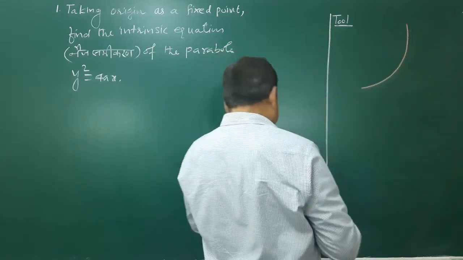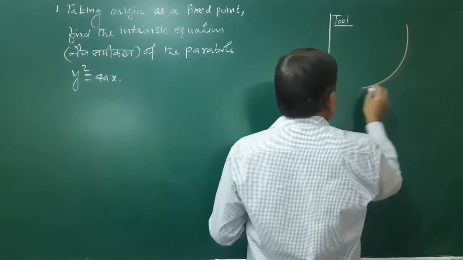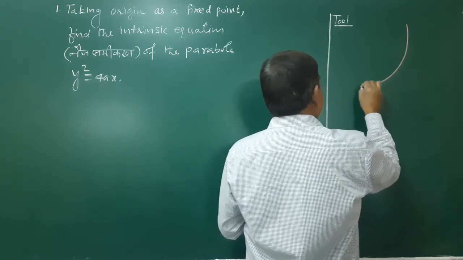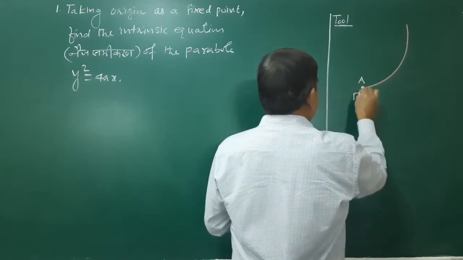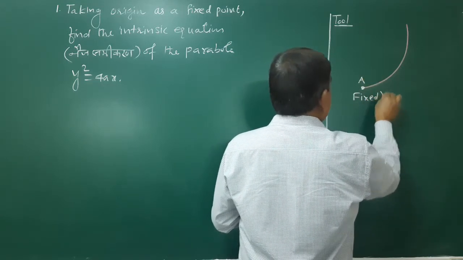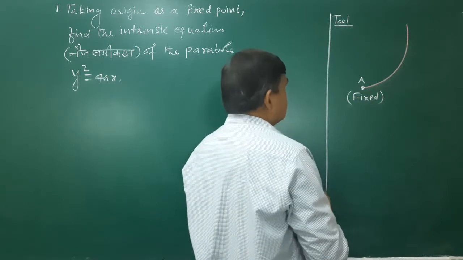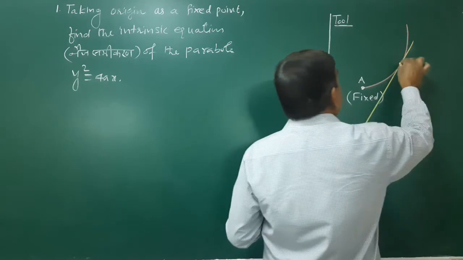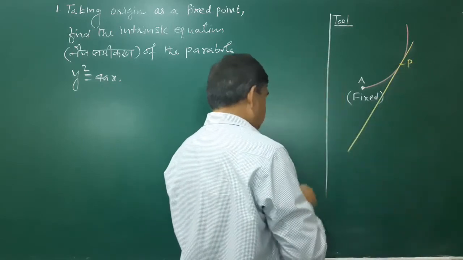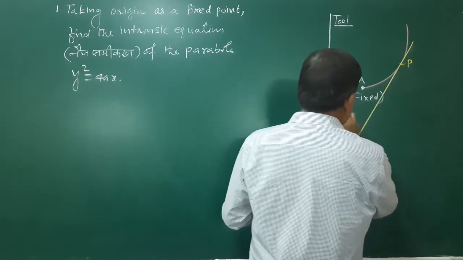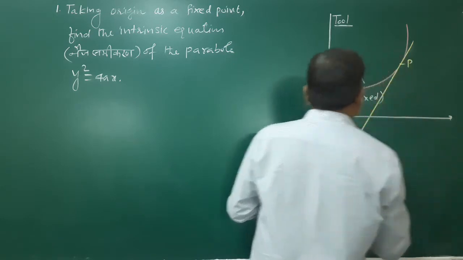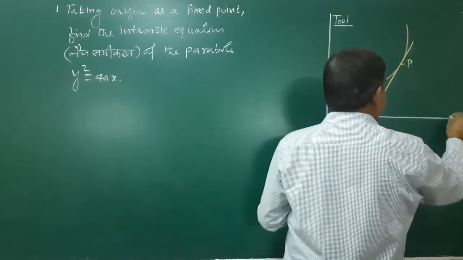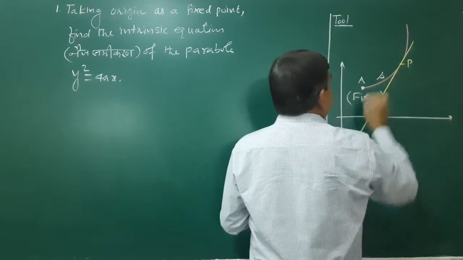This is the curve. This is the fixed point. Let us suppose here it is A. This is fixed. This is the tangent at P. This is the length of the arc.